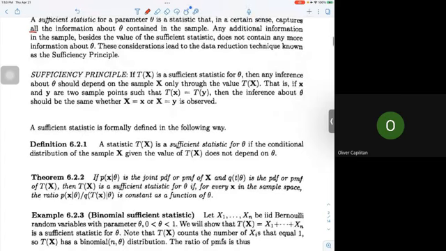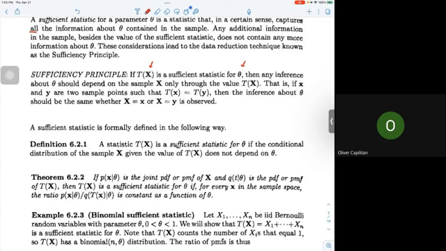So we have this sufficiency principle: if T of X is a sufficient statistic for theta, take note, this is a vector, T of the sample of random variables, a sufficient statistic for our parameter theta. In this case, we simply have not bold theta. So we consider that we have only one parameter.